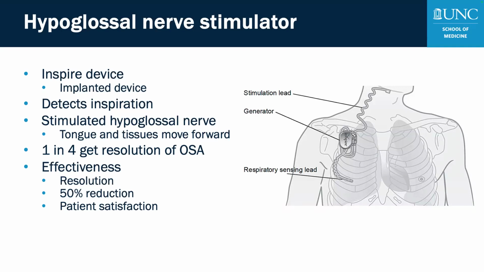That was success. Granted, you went from severe sleep apnea to severe sleep apnea, but that was considered success. Or patient satisfaction. You were happy with this, whether it worked or not. You were just happy with it. That's effective according to the company that makes it.